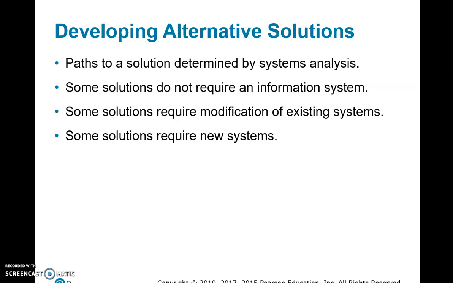Some solutions require modification of existing systems. Some solutions require new systems. And even in these different cases, like not at all, or modifying, or new, you need to come up with some alternate solutions to be evaluated.